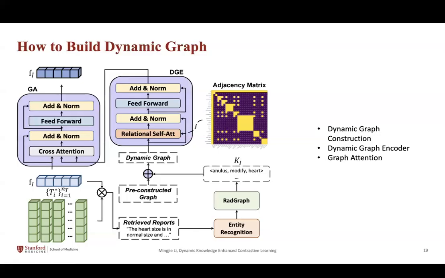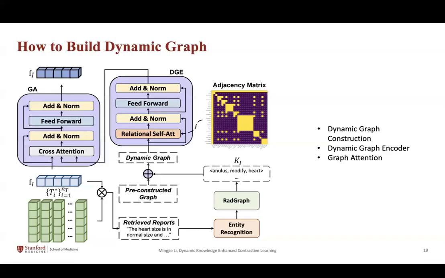So it helps ensure information can be propagated correctly compared to the previous graph. And in the end, we use a cross attention mechanism to integrate the graph features into the visual features.